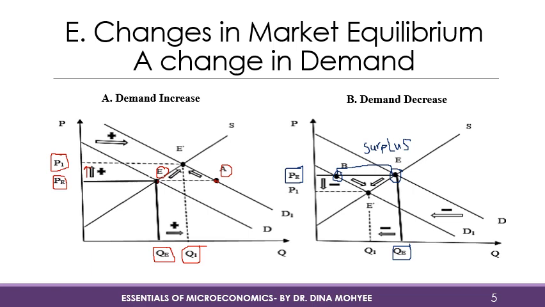What happens when there is a surplus in the market? We can see that when there is a surplus in the market, the price tends to decline. So the price will decline until we reach a new equilibrium at a lower price and lower quantity, at P1 and Q1.